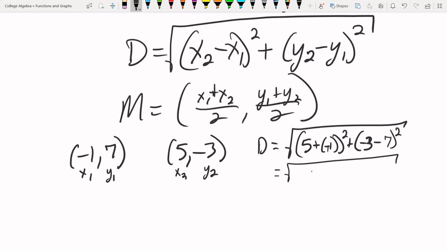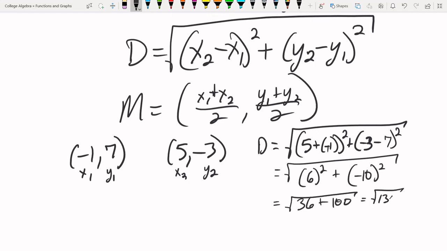This becomes a plus. We get 6 squared plus -3 minus 7 is -10 squared. We get 36 plus 100, which is the square root of 136.